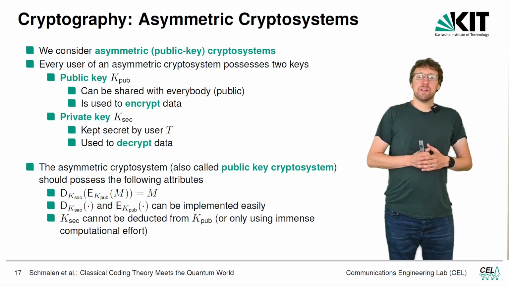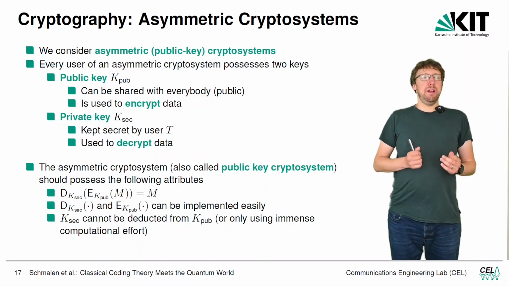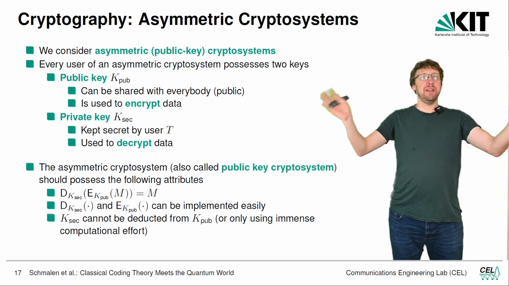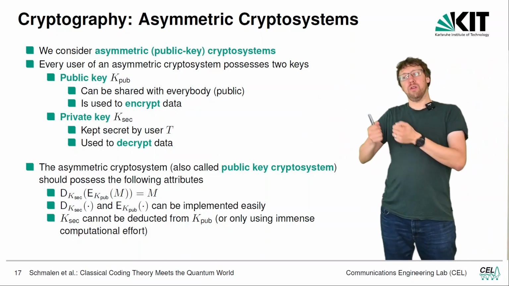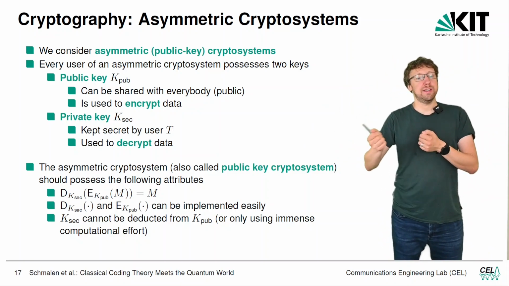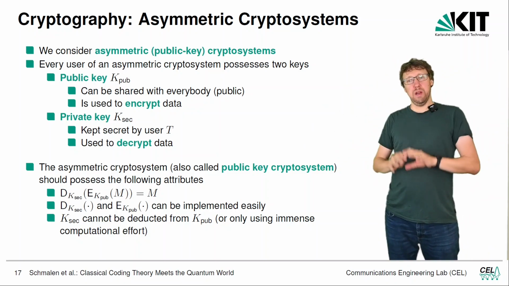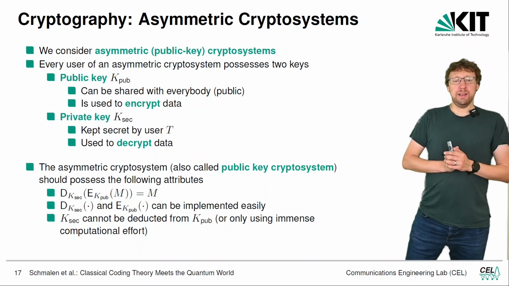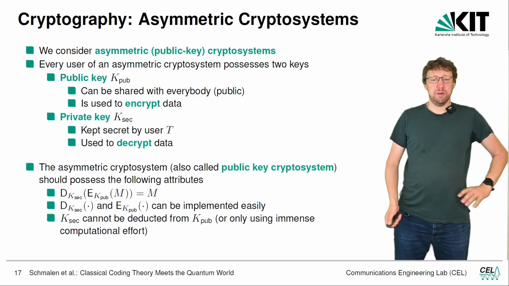This is what is called a public key crypto system, and it has many advantages because you can put these public keys anywhere. You don't need to walk around exchanging a secret key. The secret key belongs to you, you don't share it. So what are the properties of the public key crypto system?